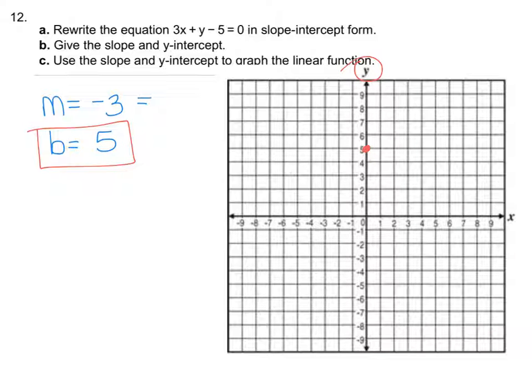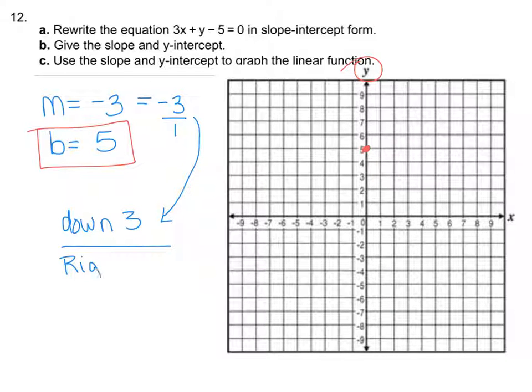So my slope is negative 3. Now since this is a whole number, I always write whole numbers over 1. Now slope is rise over run. So since I have negative 3 over 1, this tells me that I'm going to go down 3 since it's negative, and to the right 1 since 1 is positive.